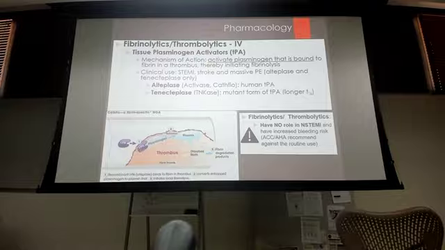Tenecteplase has fewer non-cerebral bleeding complications compared to alteplase. So in a lot of modern STEMI protocols, you're going to see the tenecteplase kind of moving more in favor than alteplase.